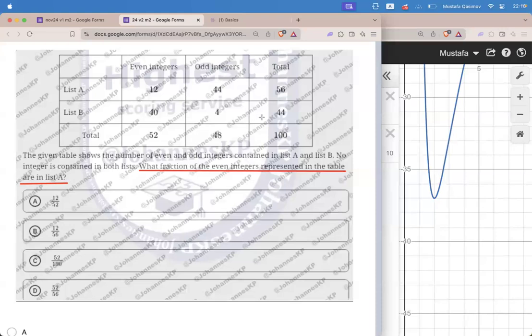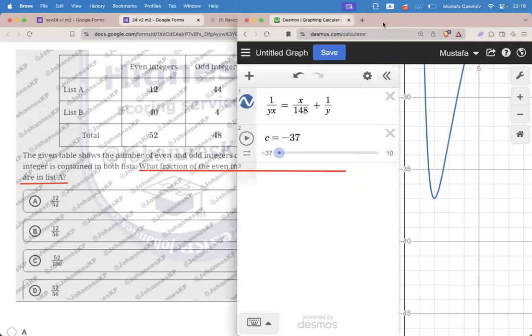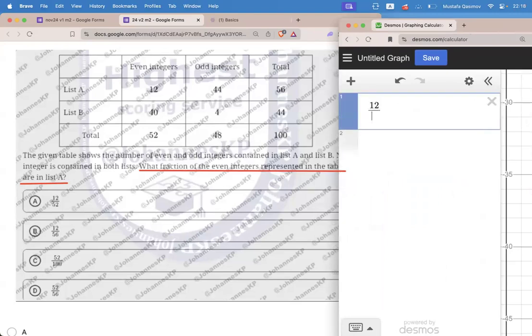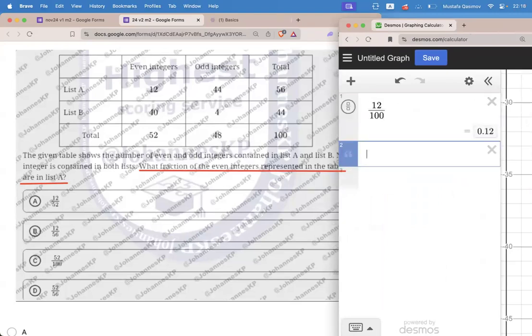If it says something like: if an integer is selected, what's the probability it is an even integer from list A? Write it down. For the answer to be 12 over 100, first of all it must say that it is selected from all of them, like: if an integer is selected.